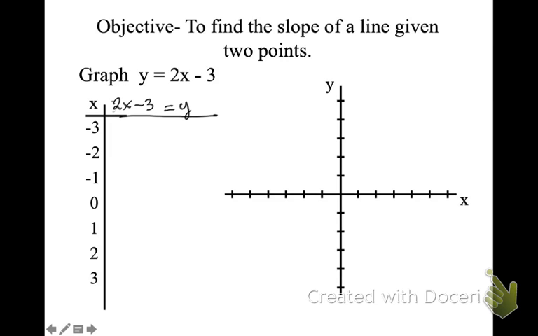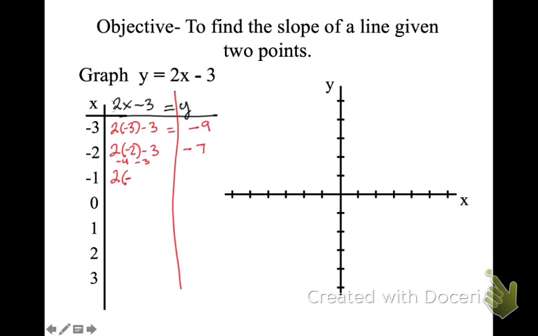And then I start substituting in: 2 times negative 3 minus 3. So negative 6 minus 3 is negative 9. 2 times negative 2 minus 3 is negative 4 minus 3, which is negative 7, right?